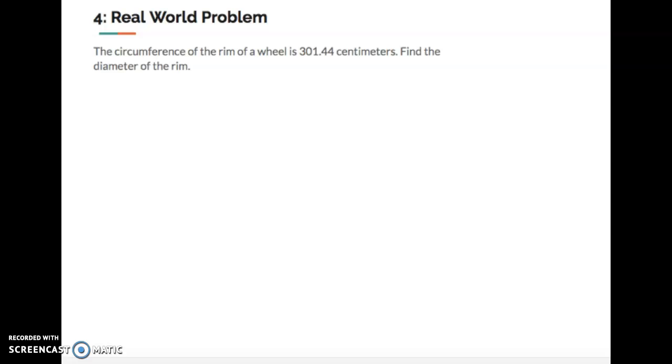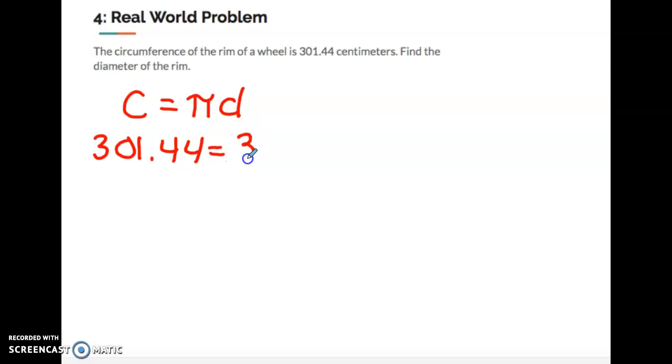All right, last problem. The circumference of the rim of a wheel is 301.44 centimeters. Find the diameter of the rim. So let's use the circumference formula. We've been using C equals 2 pi r, but we can also use C equals pi times diameter. It's the same thing. It gives us the circumference, so 301.44 equals 3.14, and we're looking for diameter.